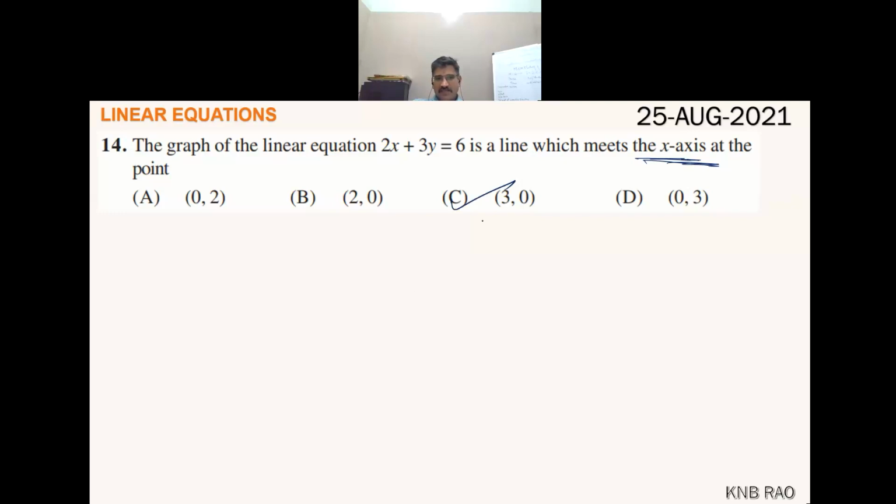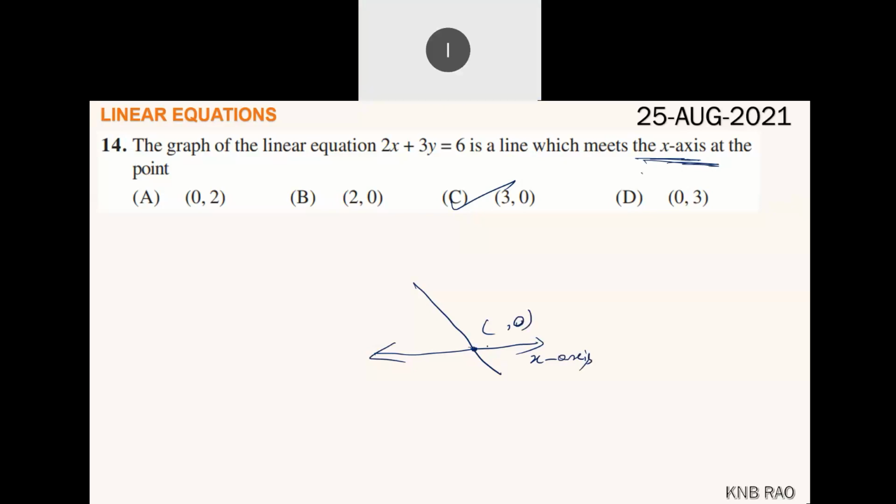When this line meets the x-axis, that is, when the line is passing through the x-axis, definitely the point of intersection should have its y coordinate 0. Why? Because a point lying on the x-axis will have y coordinate 0.